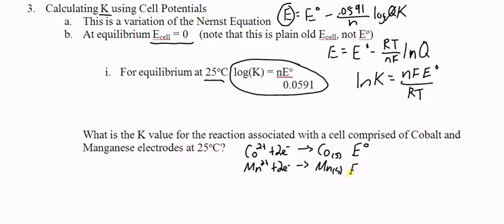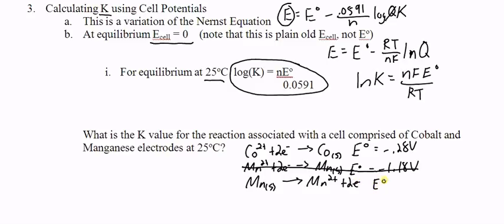And so with cobalt, we've got Co2+ plus 2 electrons goes to cobalt solid. And in the case of manganese, we've got Mn2+ plus 2 electrons goes to manganese solid. We've got standard cell potentials for these two, in the case of cobalt being negative 0.28 volts, and in the case of manganese being negative 1.18 volts. And so, as we're dealing with this, one of these two is going to have to be flipped. We tend to want to flip the more negative of the two equations, which means that we're going to flip the manganese equation, giving us this instead.